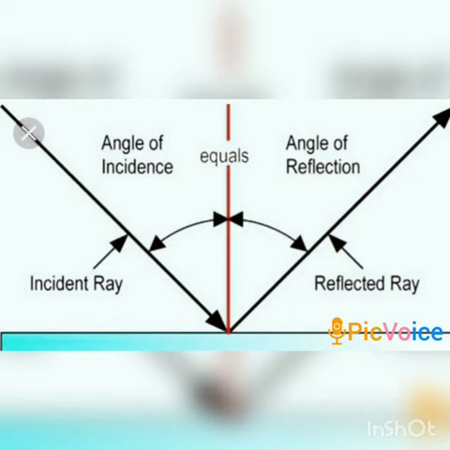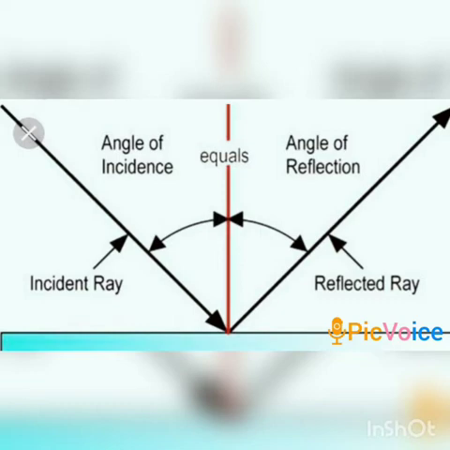The point of incidence is that point on the surface of the mirror where the incident ray falls. A line perpendicular to the surface at that point, that means at the point of incidence, is known as the normal at the point of incidence.